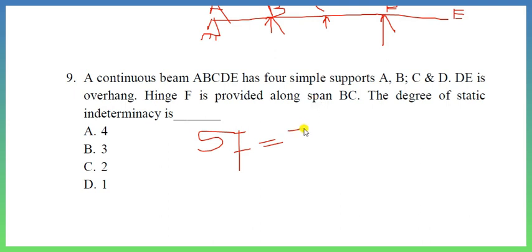There are 5 unknown reactions minus the equilibrium equations. There are 3 equilibrium equations. So 5 minus 3 will get 2. So this is the degree of static indeterminacy. So option C is the correct answer.